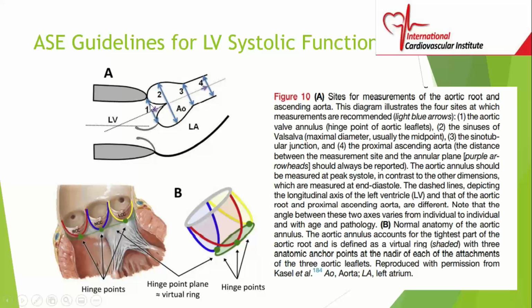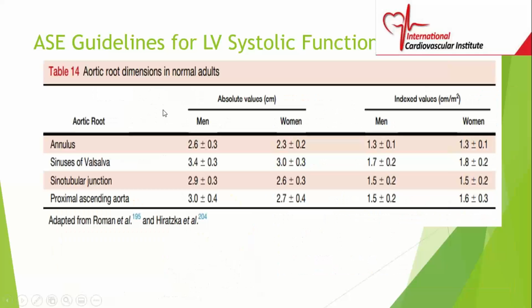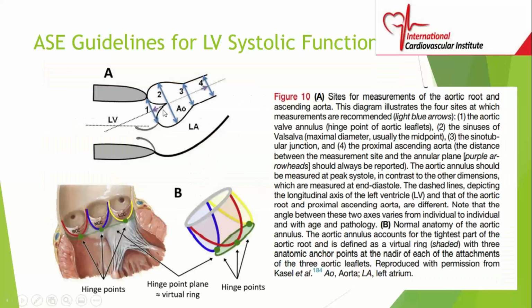This is the valve annulus, and then the sinus of Valsalva to the sinus of Valsalva, that's the maximal diameter, usually at the midpoint in the sinus. And the sinotubular junction, which is the junction between the sinus and the tubular portion of the aorta. And then the proximal ascending aorta, that's the distance between the measurement site and the annular plane.